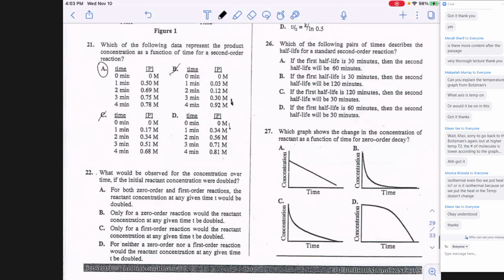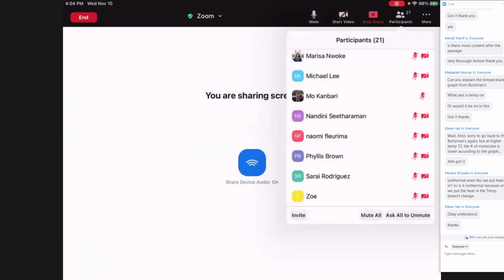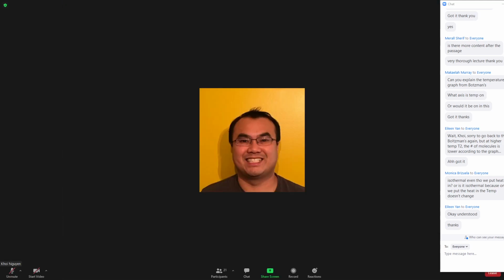22. What would be observed for the concentration over time if the initial reactant concentration were doubled? They're looking at zero order and first order reactions, right? For first order reactions, the concentration at any given time would be doubled. It's definitely not zero order because, first of all, zero order depends on none of the reactants.